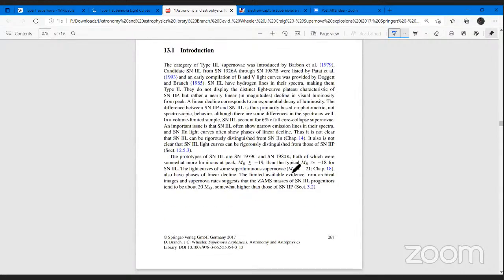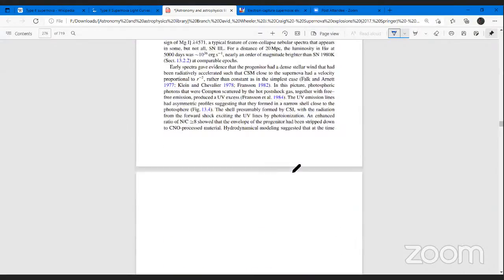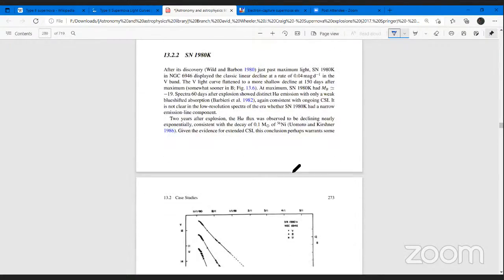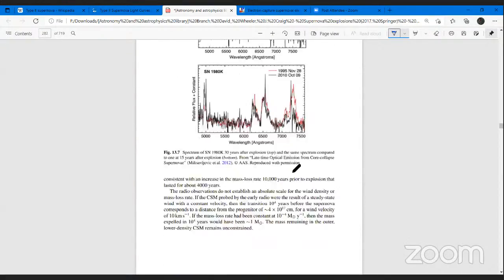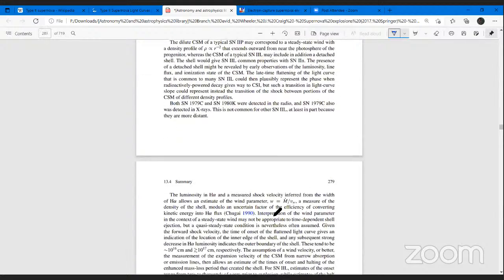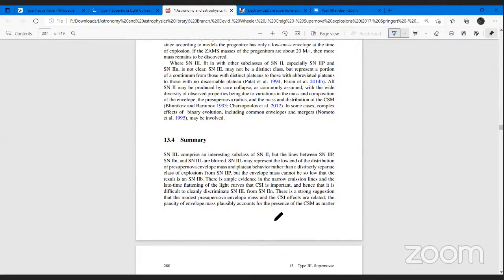Next, the case study of type 2L, I'm interested to talk about. Here also, like I said before, I'm covering only the summary part. Type 2L comprises an interesting subclass of type 2 supernovae, but the lines between type 2P, type 2N and type 2L are blurred.